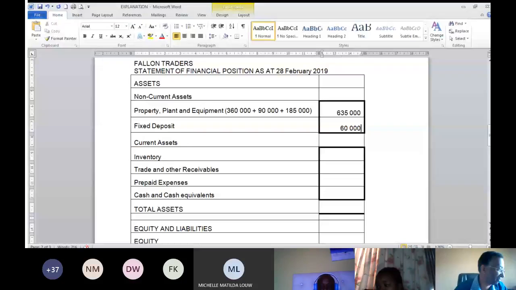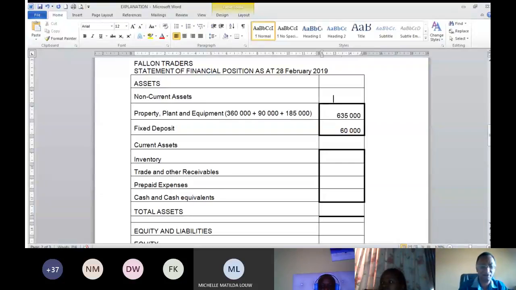You will see it there, guys, from your list. In your trial balance, you will see the fixed deposit is 60,000 Rand. You put that in a block, and your non-current assets is the amount of 695,000 Rand. So you add your property, plant, and equipment and your fixed deposit, and that will give you non-current assets here, guys, of 695,000 Rand.